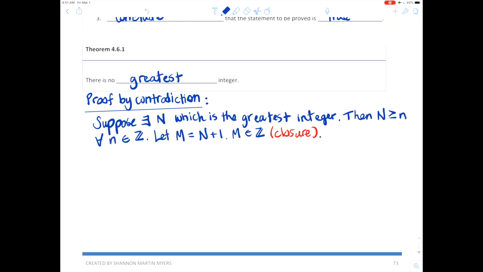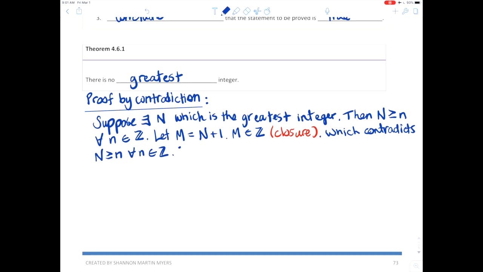We have shown the contradiction, which contradicts N greater than or equal to lowercase n for any n belonging to Z, the set of integers, right? So there does not exist, actually we'll say therefore, there does not exist a greatest integer. And we're done.